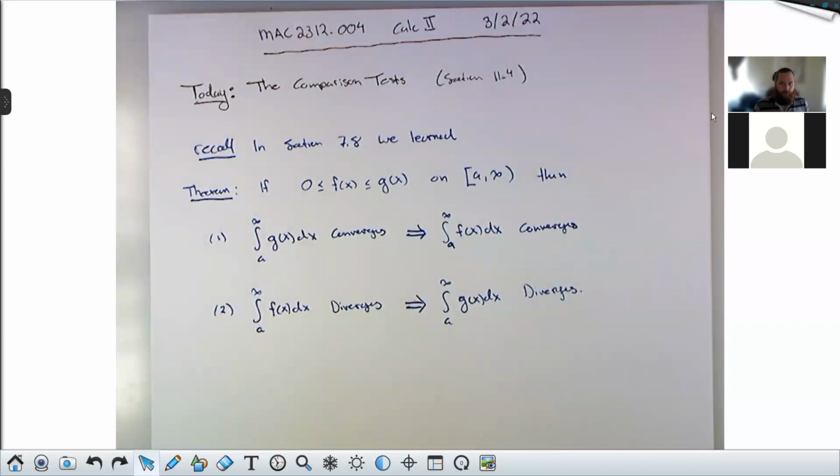As we saw last time, improper integrals, specifically type 1 improper integrals, and infinite series are very, very similar. So similar, in fact, that there is a theorem nearly identical to this for series instead of for integrals.